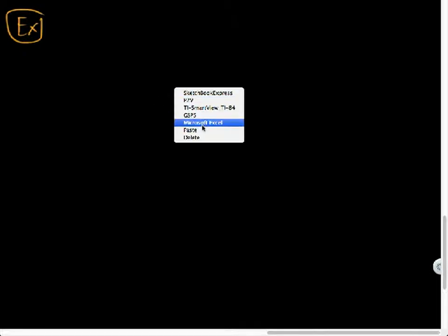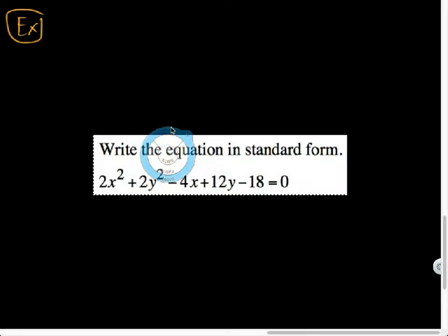So let's write the following equation, convert it from general form to standard form. So remember that standard form is x minus h all squared plus y minus k all squared equals r squared. So that's what I want this to look like. But it's currently in general form. That's too bad.